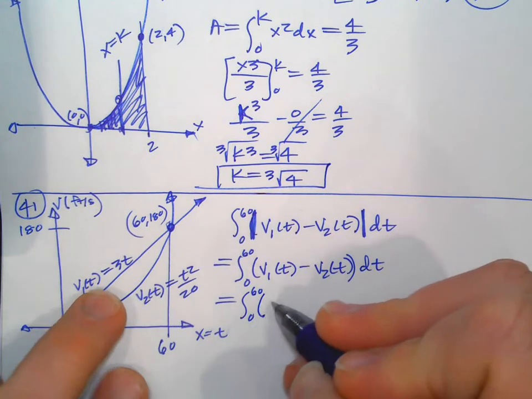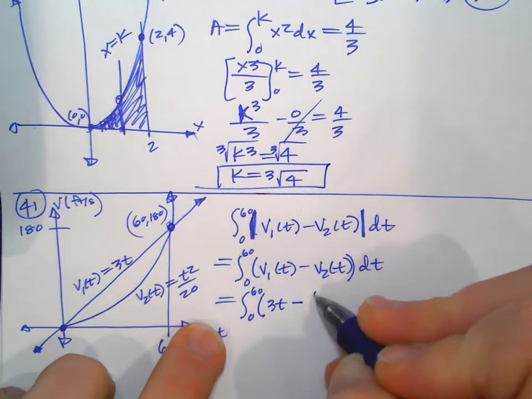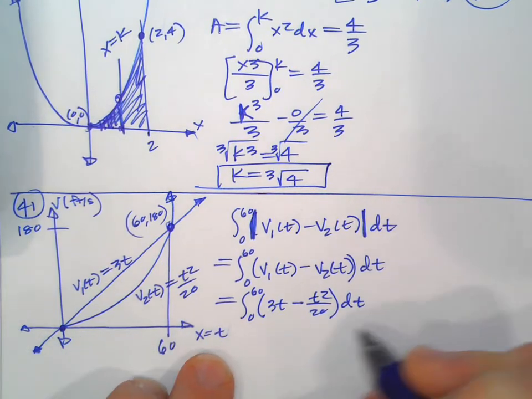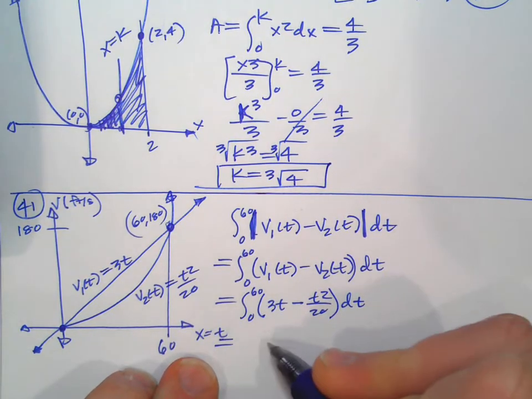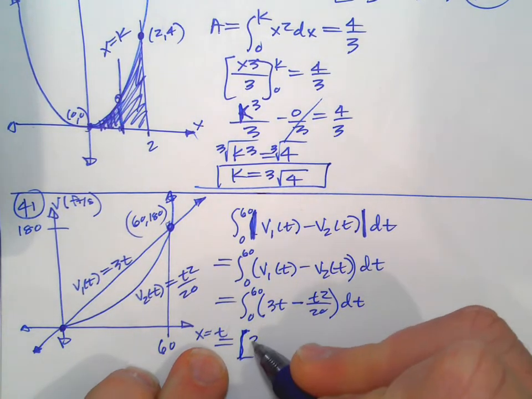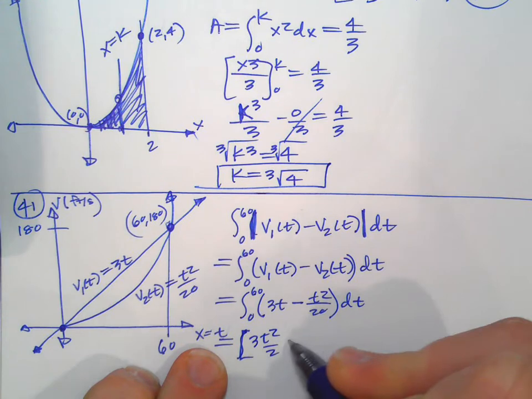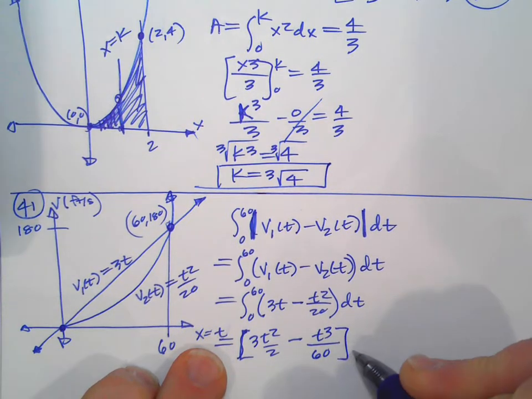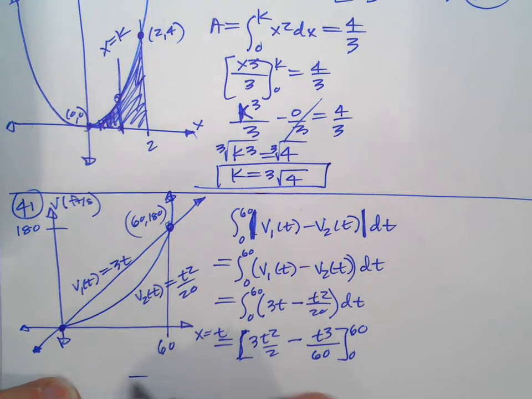So this is what, 3t. And so the antiderivative is going to be 3t squared over 2 minus t cubed over 60. 0 to 60. Plug 60 in here.